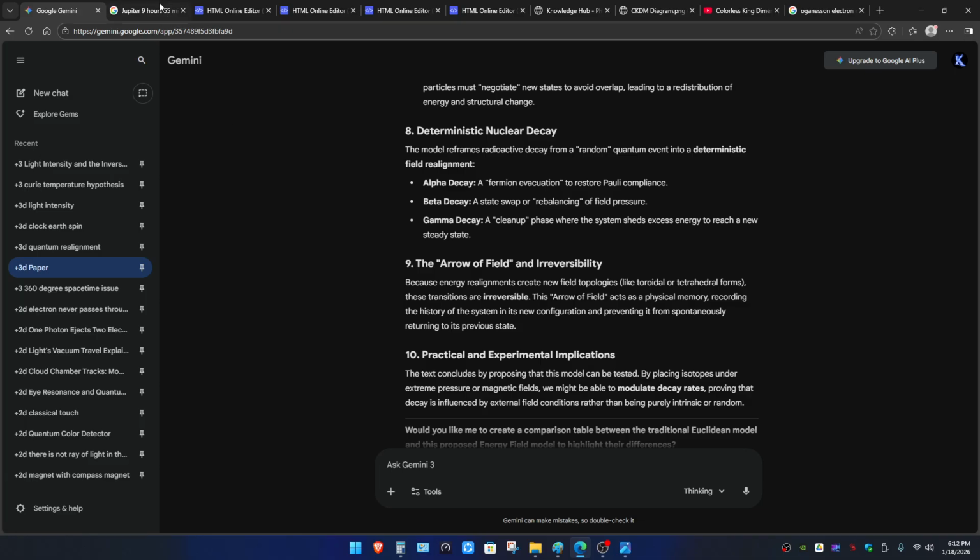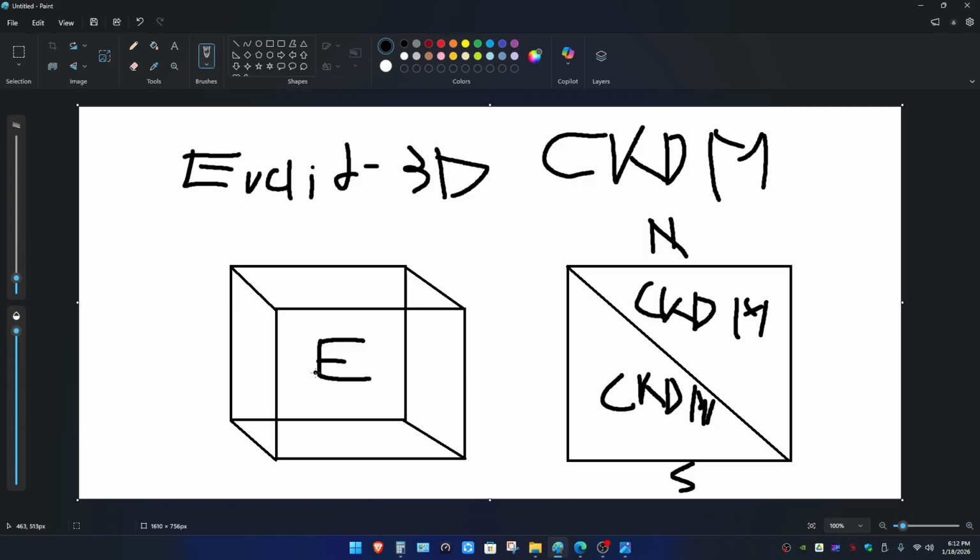So the CKDM is not just about a 3D model, which is basically a Euclid 3D model. We can stack almost an infinite amount of boxes on top of each other.